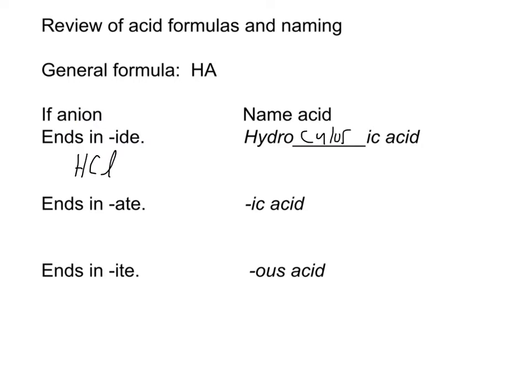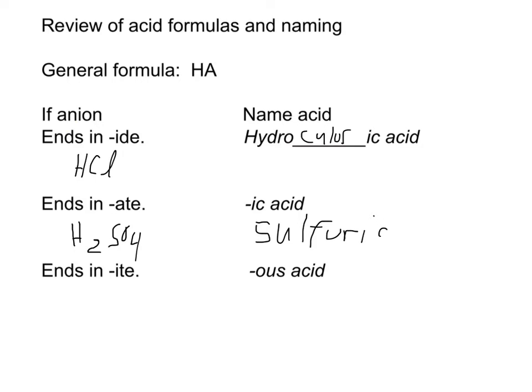Then we have acids that end in ate, like hydrogen sulfate, which would be H2SO4, since this sulfate ion has a -2 charge. That's going to be the stem of the anion with ic on the end. So sulfate is the anion, so it's sulfuric acid.